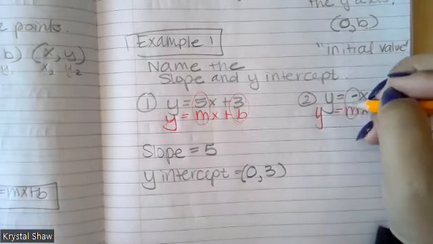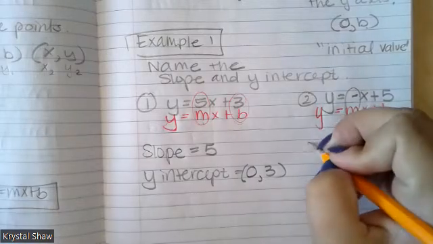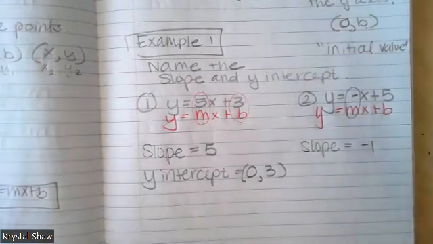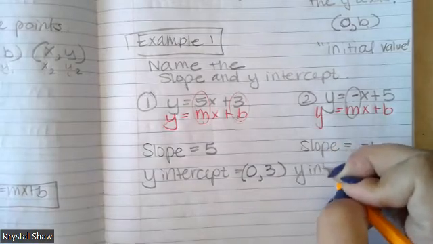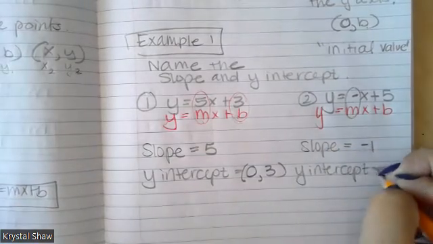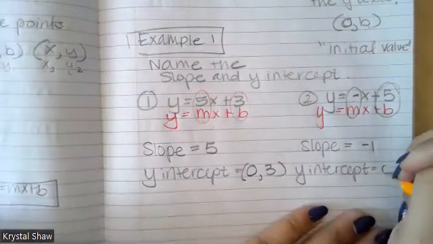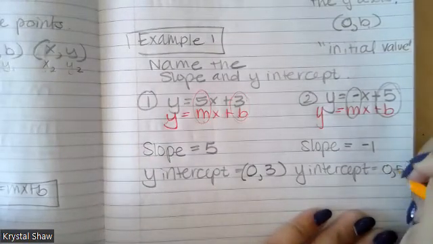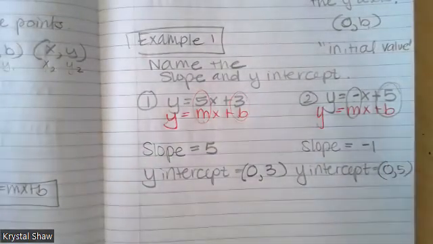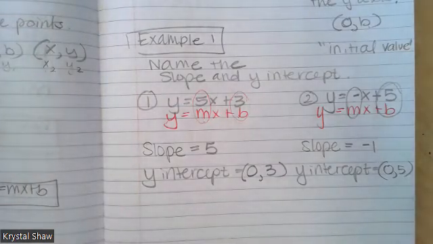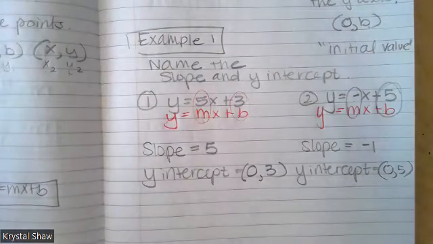That is representing a -1. So here my slope is going to be a -1, and my y-intercept is here, and I'm writing it as the ordered pair, so that's 0, 5. So that is how to identify slope and y-intercept from slope-intercept form, which again is y equals mx plus b.